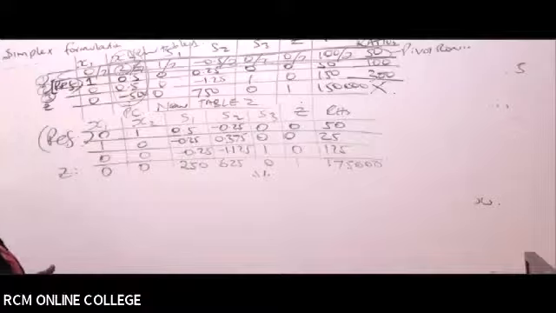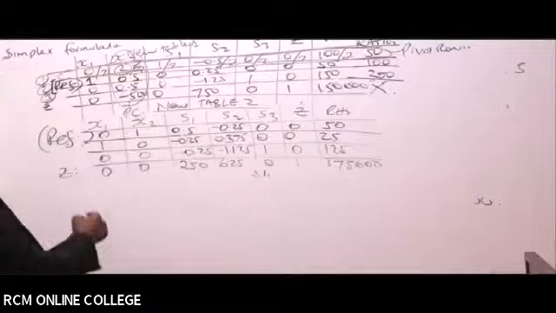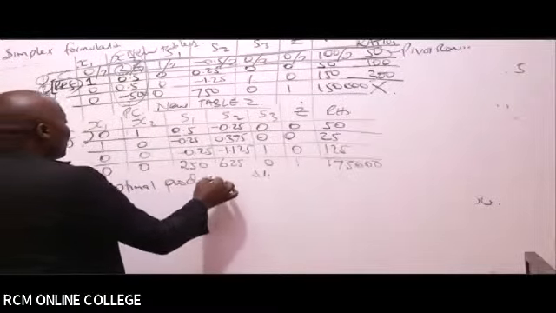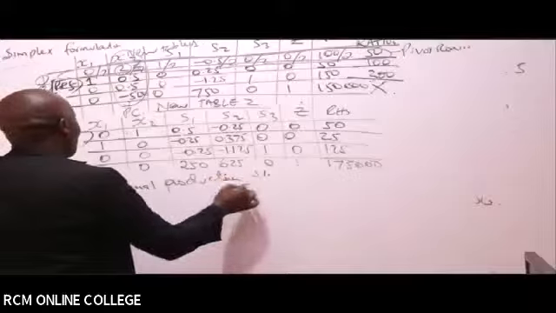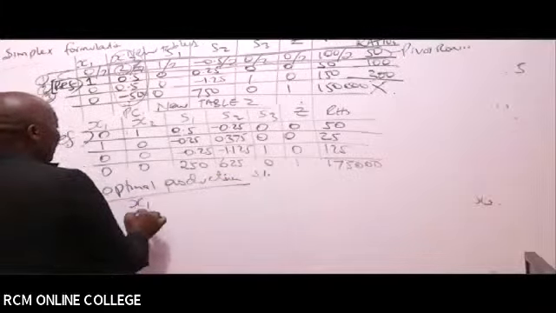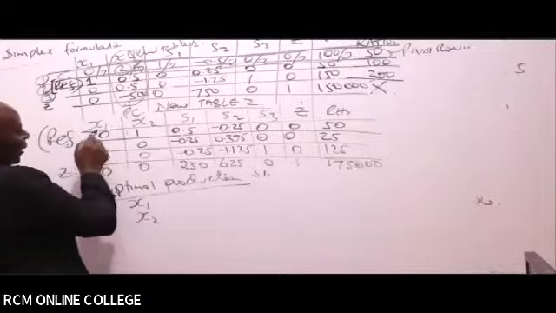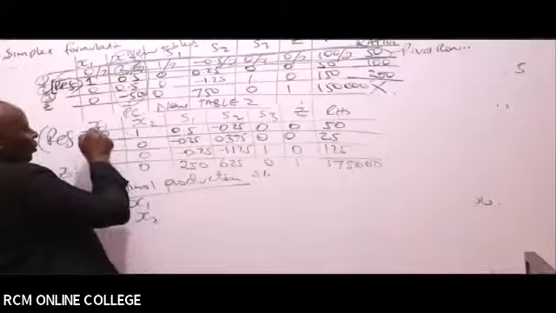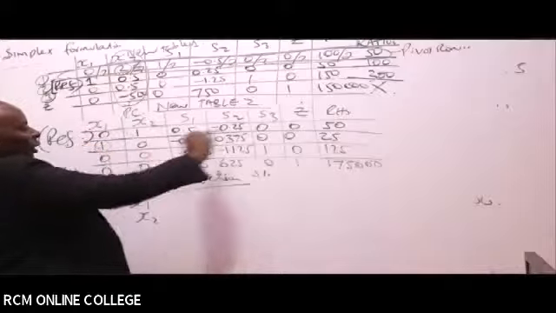Very good for us. Now, ladies and gentlemen, once I get that, we start with the optimal productions. Very easy. So we have X1 and X2. We're guided here. X1, where is the pivot? You see 0, 1. So X1, 1 here. But now you go the other side.